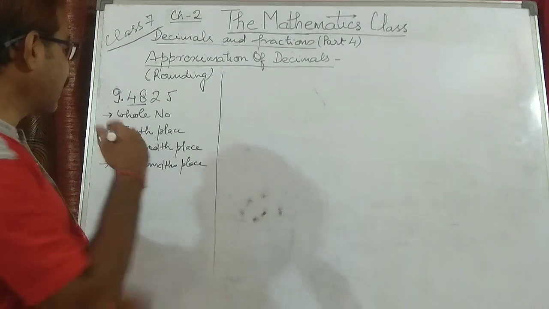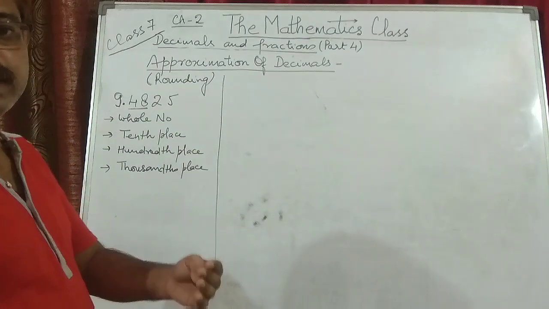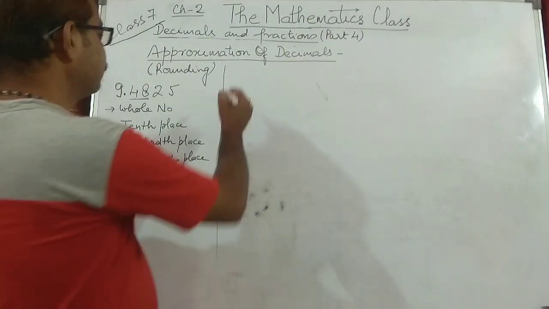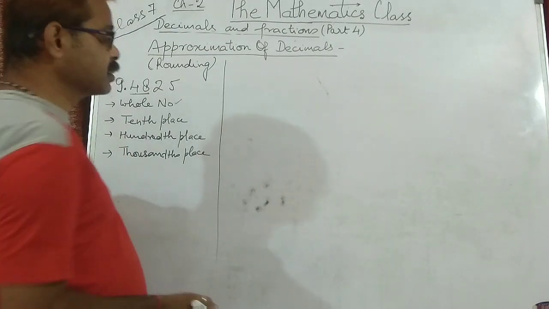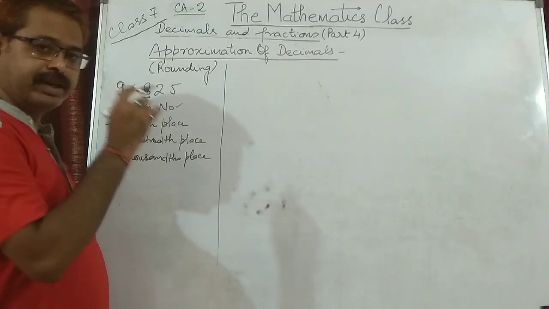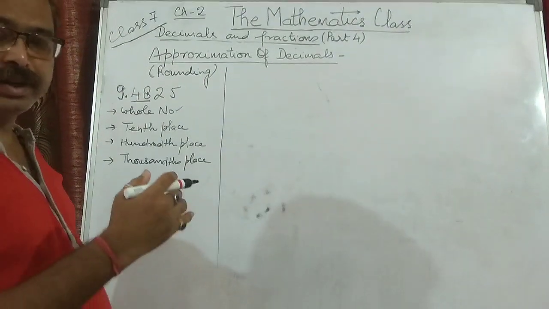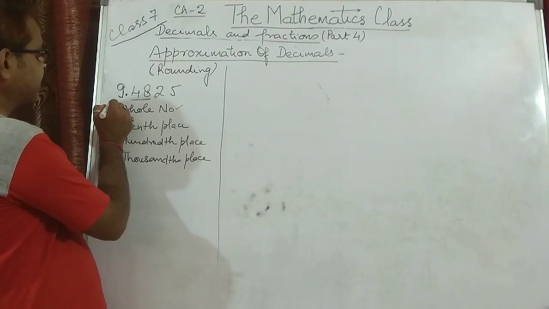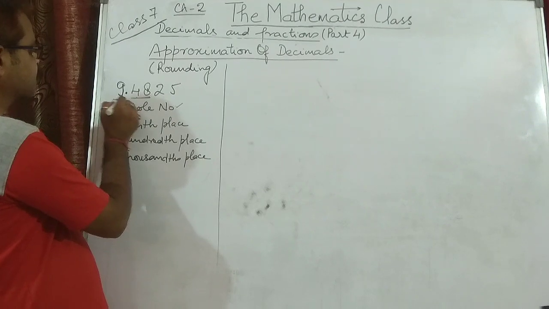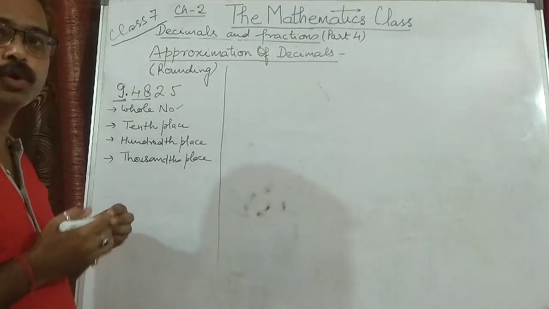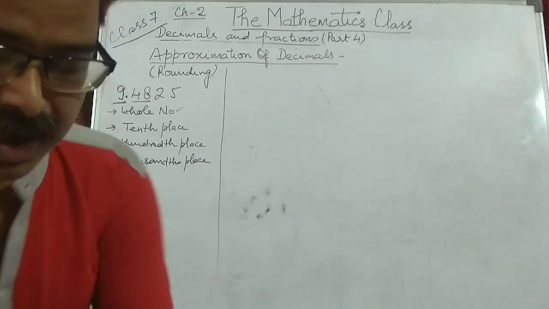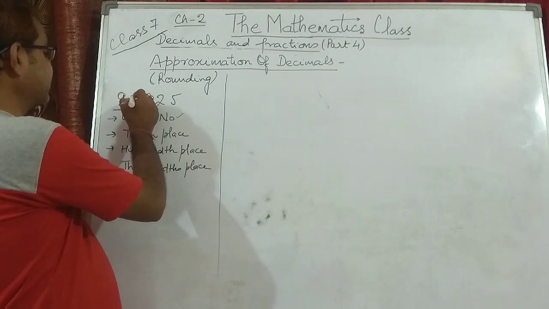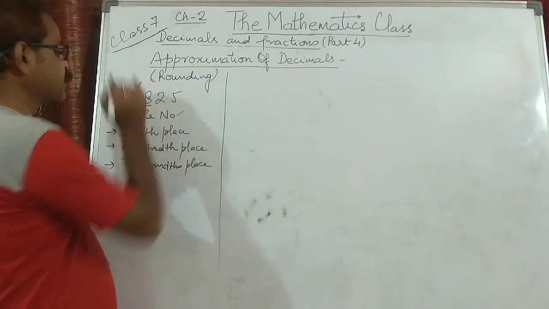Now what are the rules? How do we round the decimals? When we are talking about whole numbers, what we need to do is look at the digit after the specified digit. Suppose in this we have to round off 9. So we have to look at the next digit from 9. The next digit from 9 is 4.